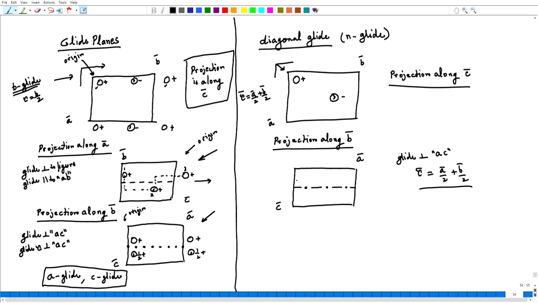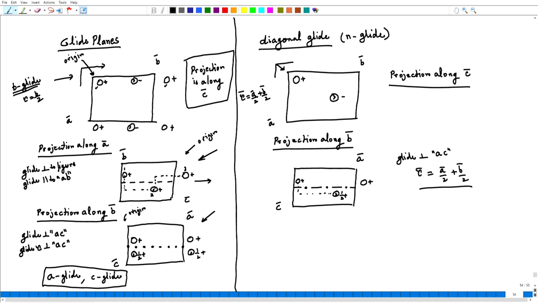Let us just take a motif, reflect across the glide plane, and then so we reflect, and so it goes a by 2 and then b by 2 up, which means it will go half plus, and then finally reflect back, handedness changes, and we come out here.